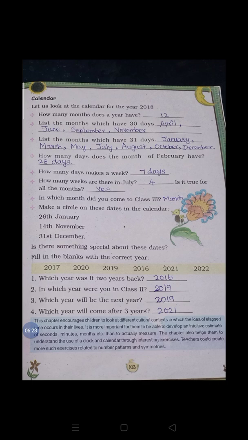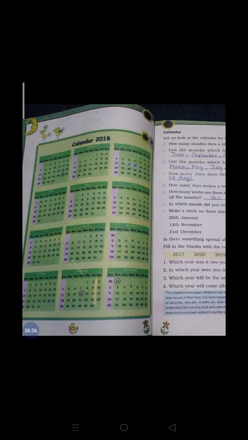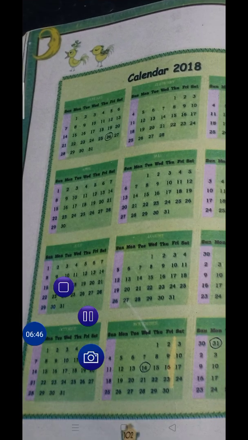Next one, make a circle on these dates in the calendar. Here you have 3 dates. You should mark a circle in that calendar. First one, 26th January. Here I already marked the answer, 26th January.